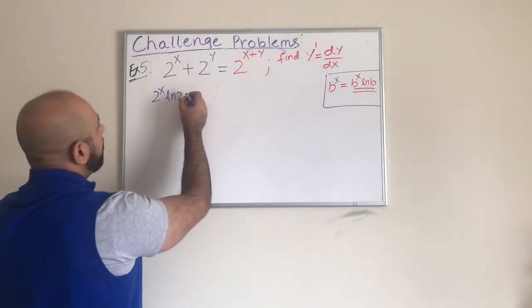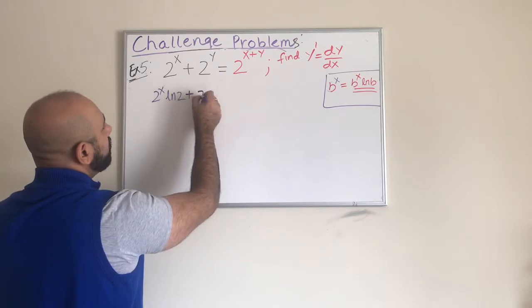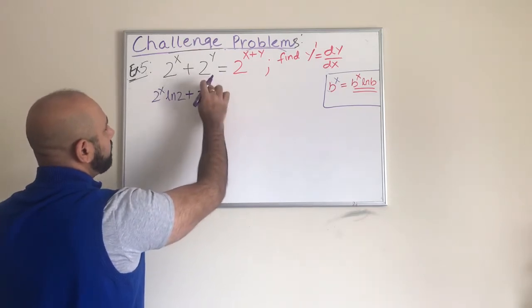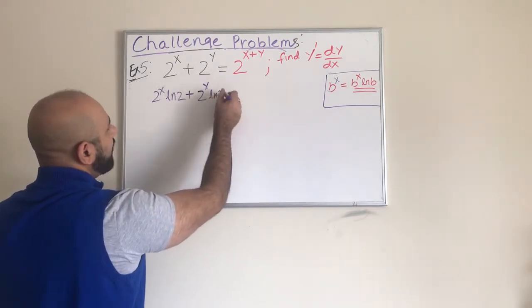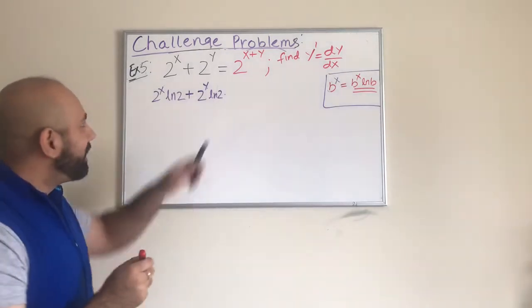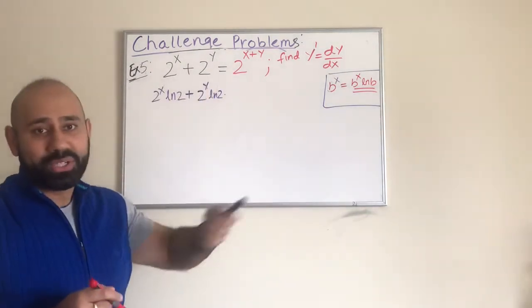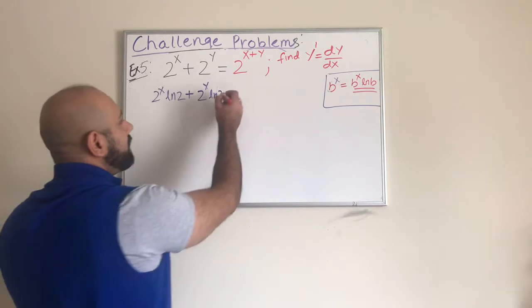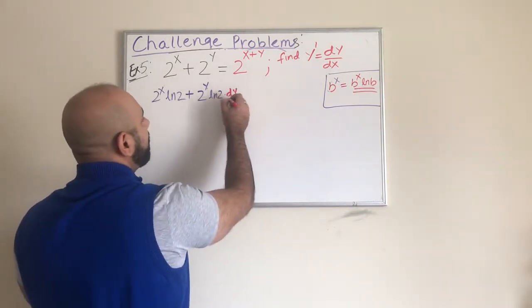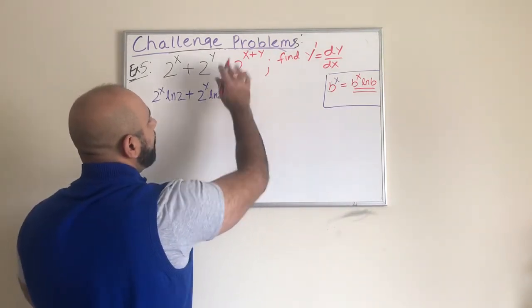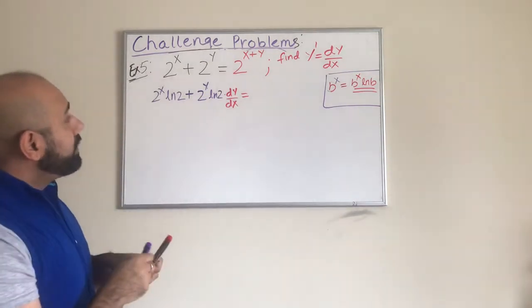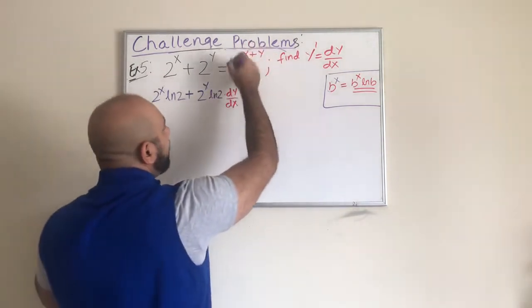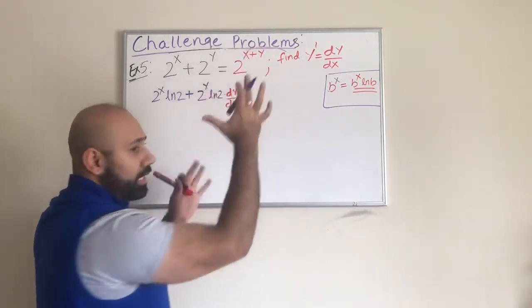So 2 to the power x ln of 2 plus, guys, here 2 to the power y ln of 2. But here I cannot just stop right here because we know y is in turn a function of x. So we have to multiply by the derivative of y, which is dy over dx. Then moving on to the right hand side, the derivative of this whole function, again we can treat this as b to the power whole x.